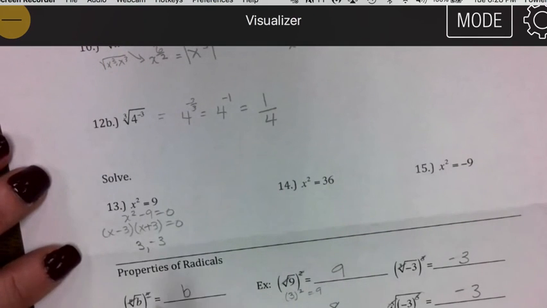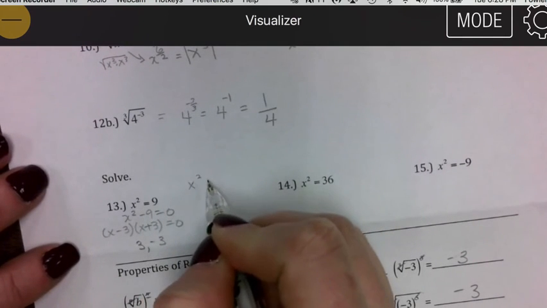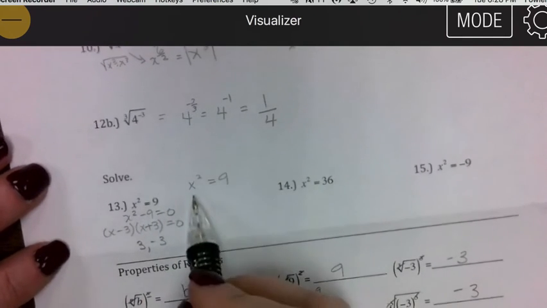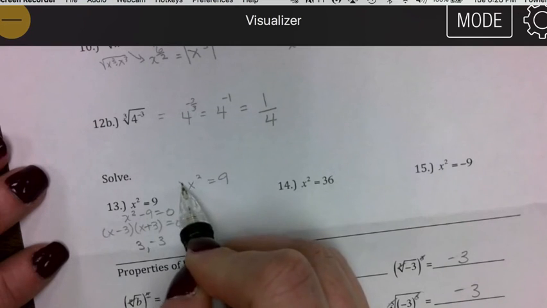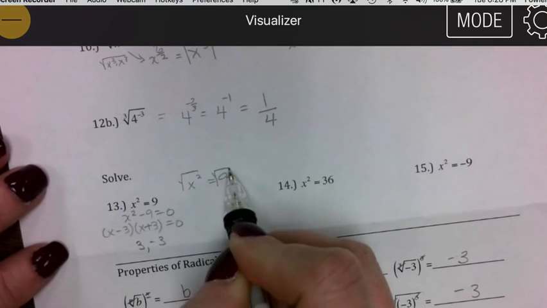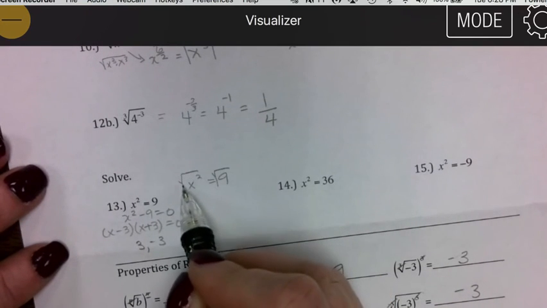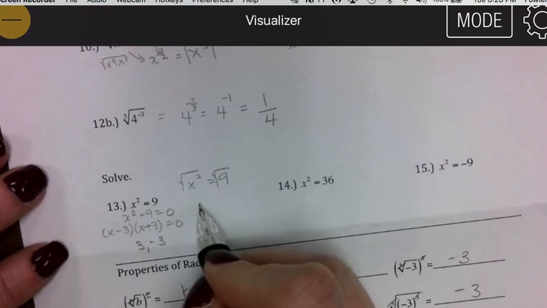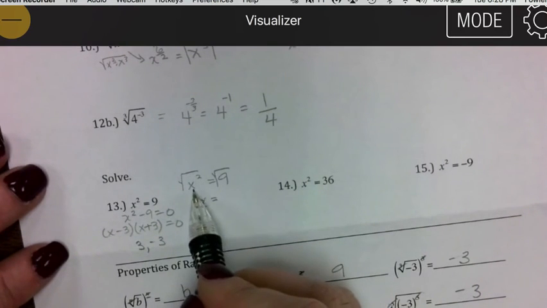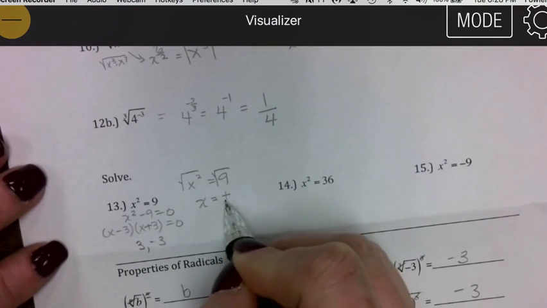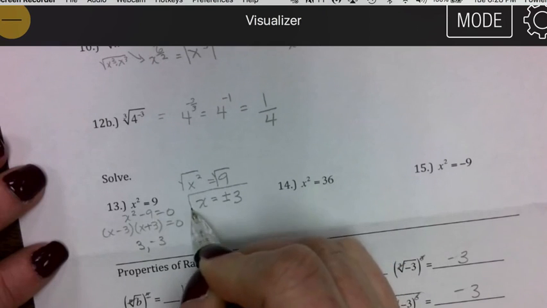When you have a perfect square, like x squared, y squared, m squared, the other way you could do it is taking the square root of both sides. When you take the square root of x squared and you have the square root of 9, when you are solving equations, you have to consider that x can be either a positive 3 or a -3.